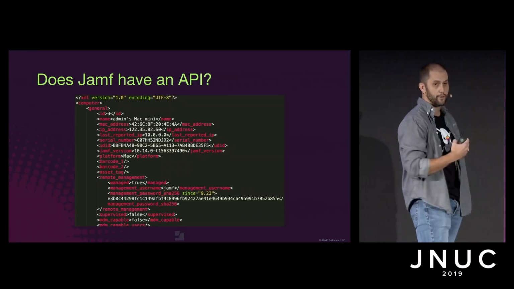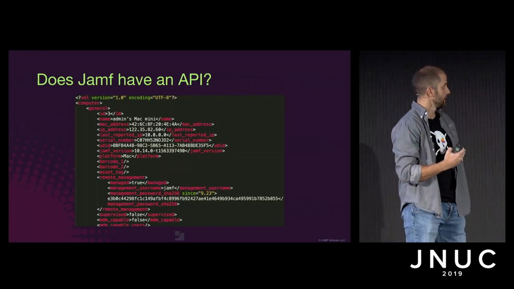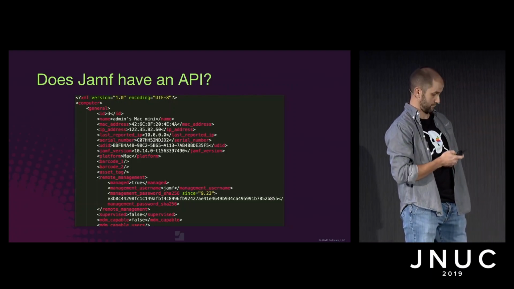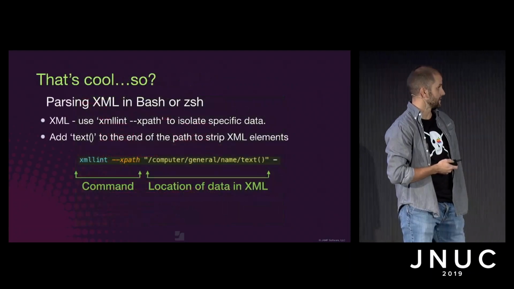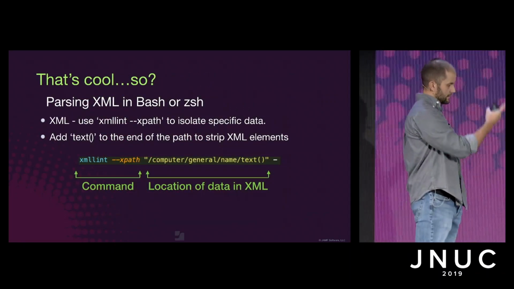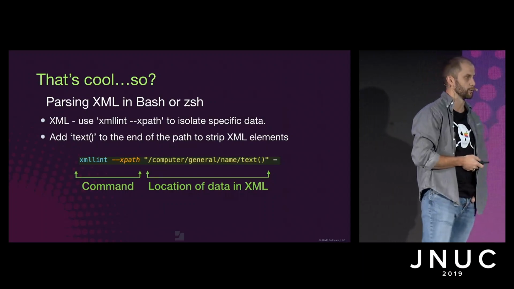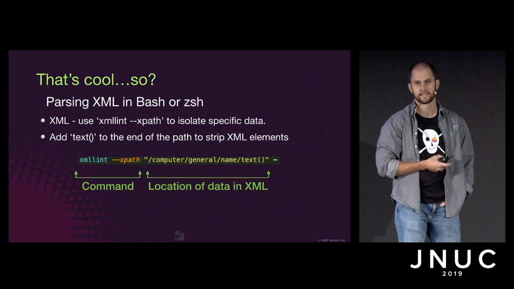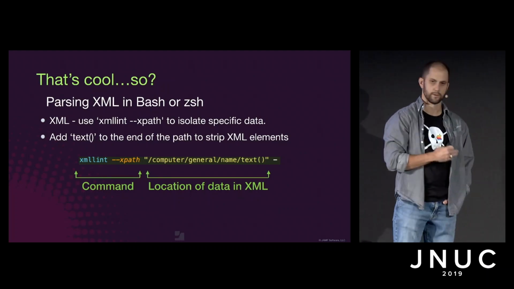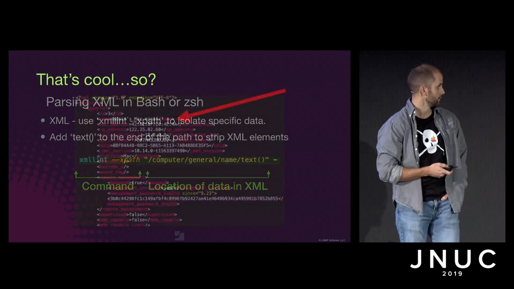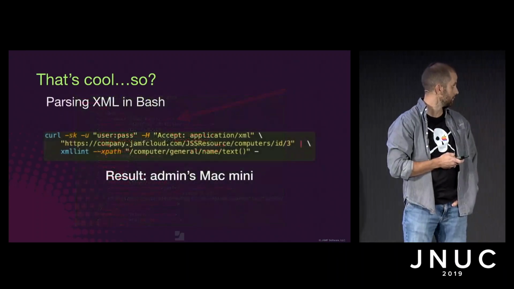Then we're in the child element of general below that. And then the key value pair or subchild element of name. So to see this put together, we would use XML-lint, XPath, and that specific path, computer general name. You can add text with parentheses at the end of this command to strip out the XML tags. That would leave us with the result of just the name.